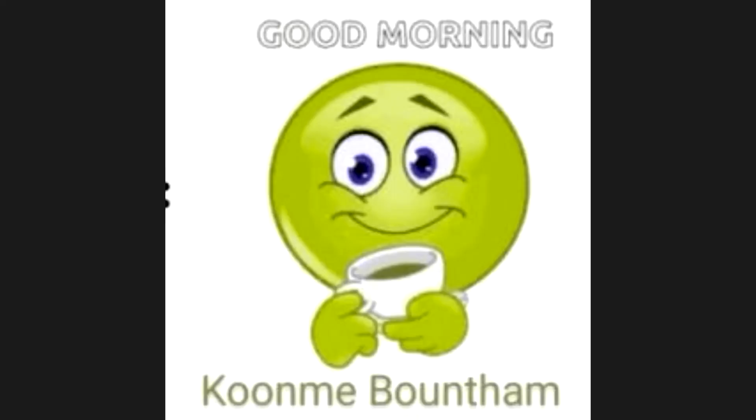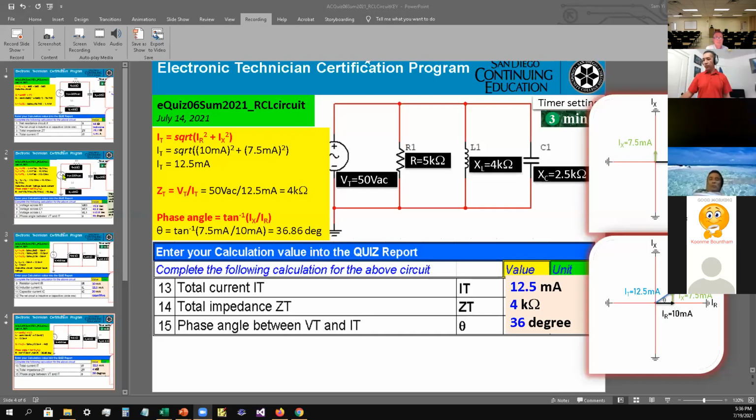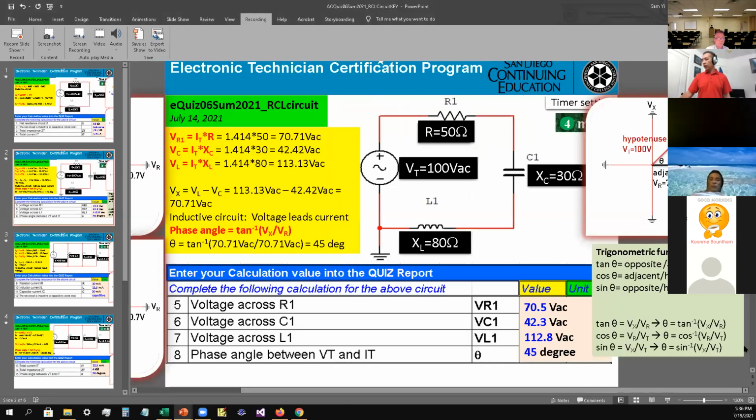Can I see number 8 again, please? Yes, okay, number 8 would be here. So phase angle is going to be 45 degrees. VX divided by VR. Yes. So this is the formula right here for the phase angle. I did it another way, but I got 45 too.